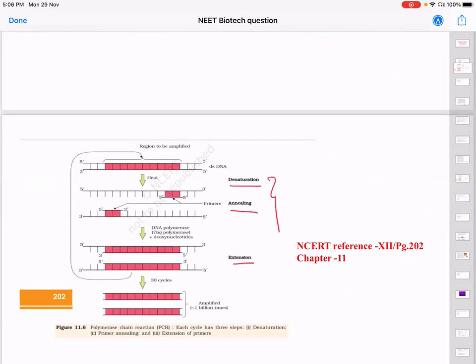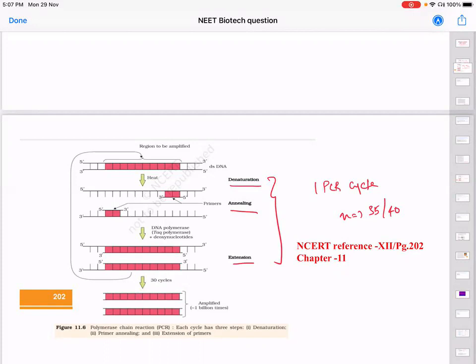This comprises one PCR cycle, and this can be repeated n number of times. n might be 35, 40, depending upon our requirement. So this denaturation, annealing, extension cycle can be repeated 35 to 40 times.